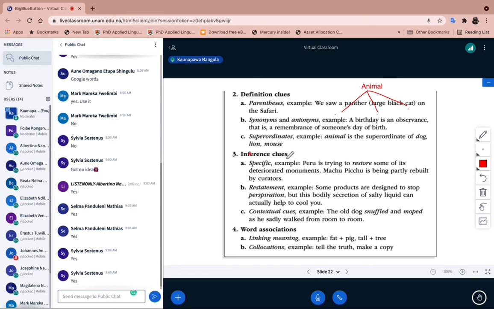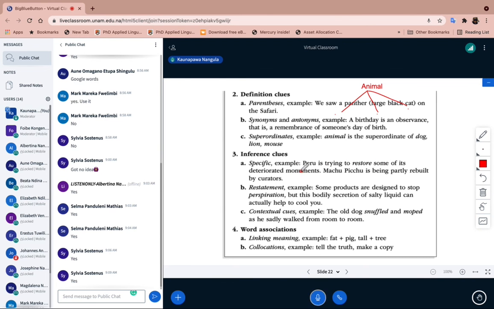And then we have inference clues, specific examples. Peru is trying to restore some of its deteriorated monuments. Machu Picchu is being partly rebuilt by curators. All right. So here we are giving a specific example. The first sentence says Peru is trying to restore some of its deteriorated monuments.